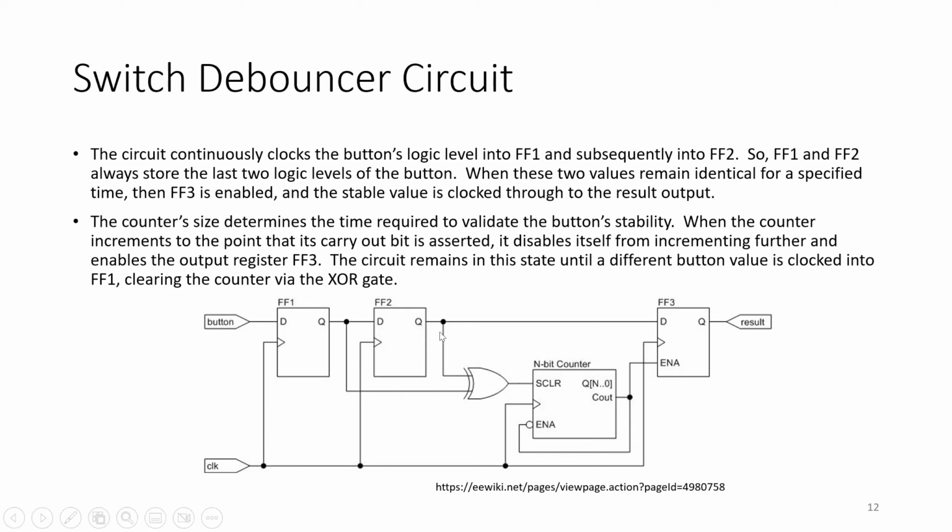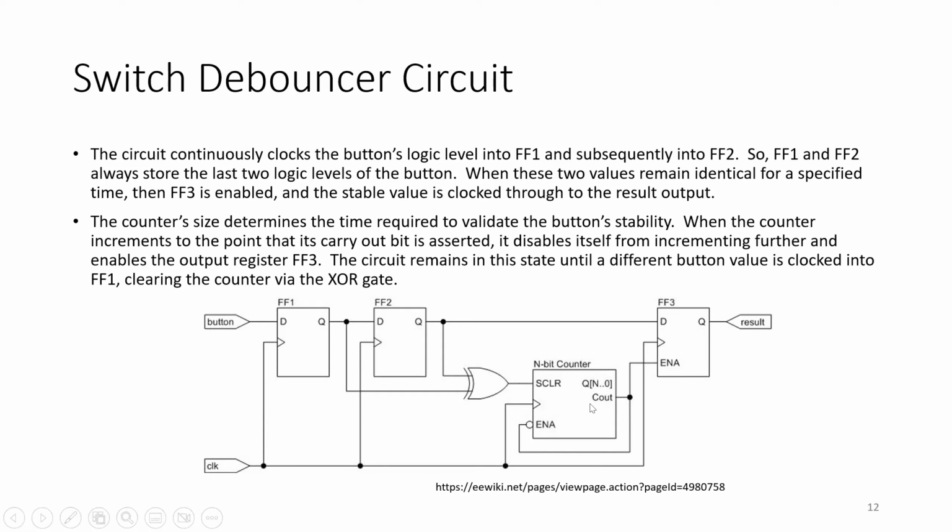Now, if those two are identical, what will be the output of the XOR? It would be low if those two signals are identical. So if it is low, that means no clear, it's going to start counting. No clear, and I have C out still 0. I am enabling the counting.